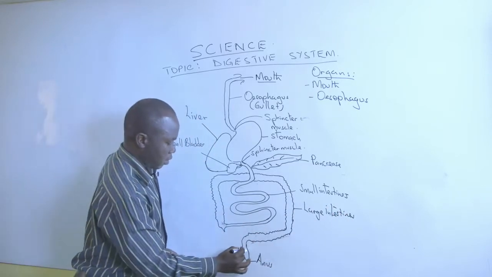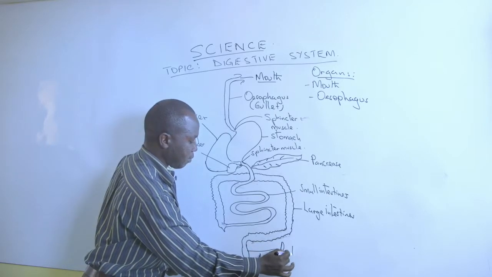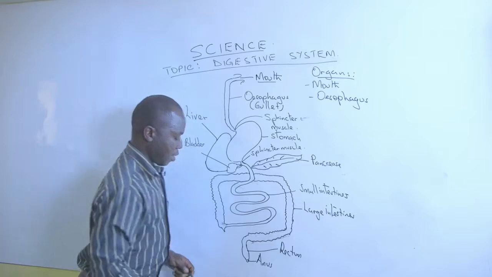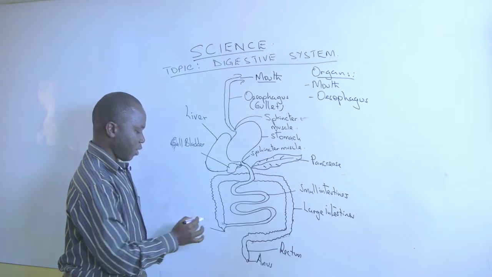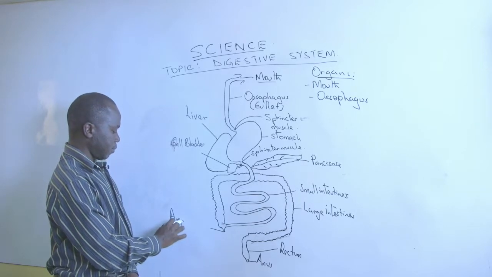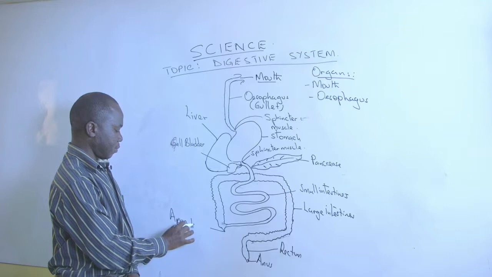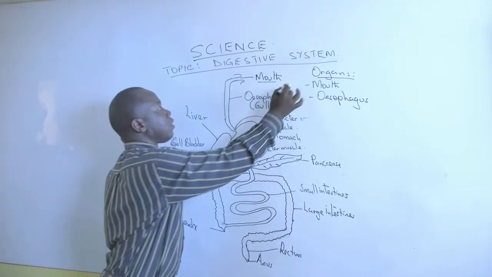And then the lower part of the large intestines, the rectum, and the very last bit, the anus. But we have a vestigial structure there called the appendix. So those are the organs.